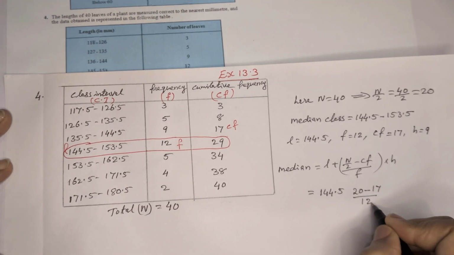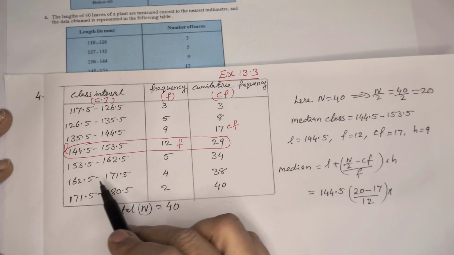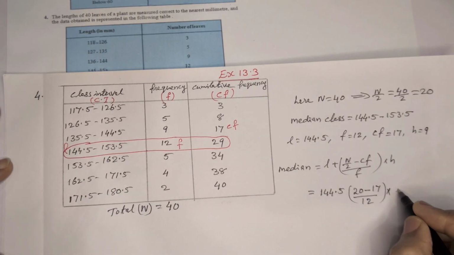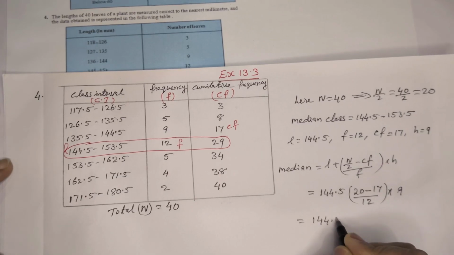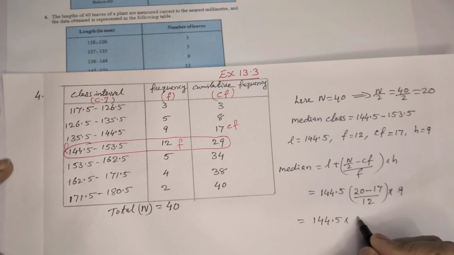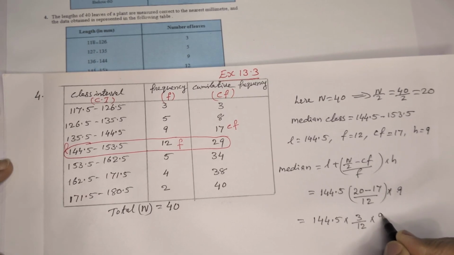Frequency is 12. H is 9 here, the difference between the upper limit and lower limit. Which is equal to 144.5 plus (20 minus 17, that is 3) by 12 into 9.